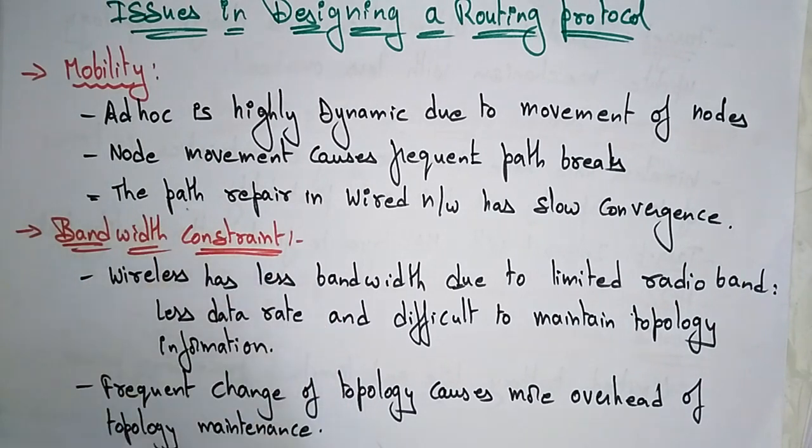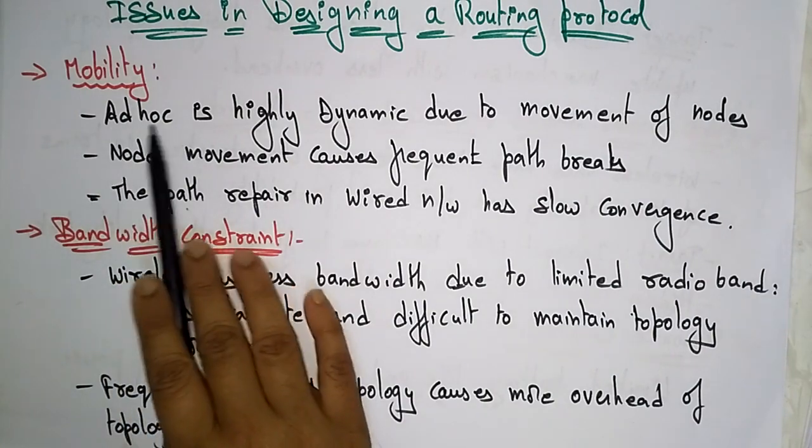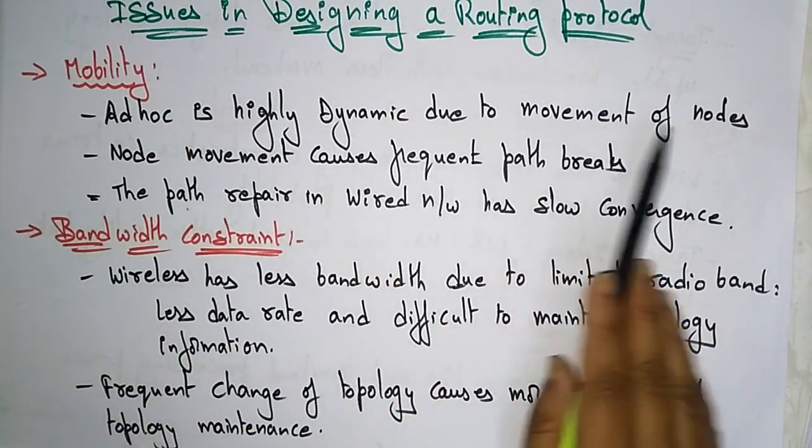The first issue is mobility. Why am I talking about mobility? Wireless communication means the mobility is more when compared to wired. The topology is always changing dynamically, within seconds. The ad hoc network is highly dynamic due to movement of nodes.